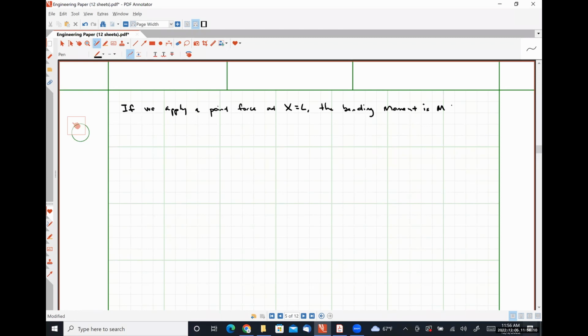Our bending moment M of X is going to be equal to F times (L minus X).